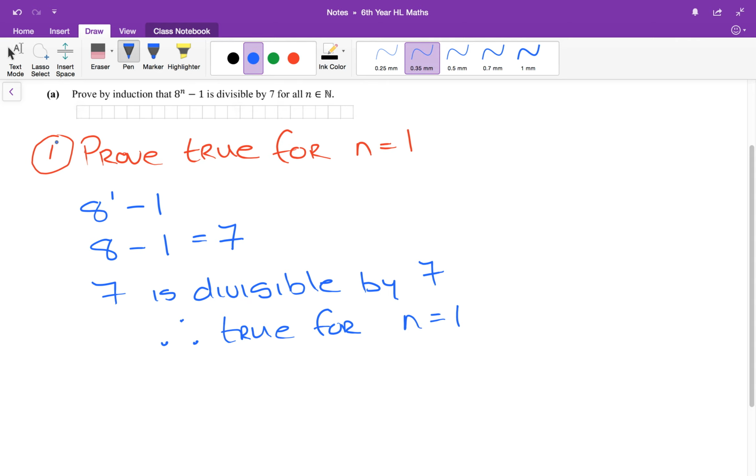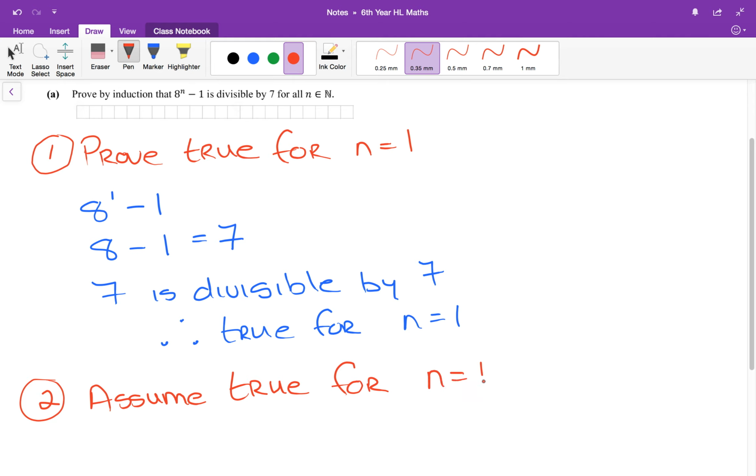Okay, so step 2 is your assumption. You assume it's true for n equal to k. So that means 8 to the power of k minus 1 is a multiple of 7.